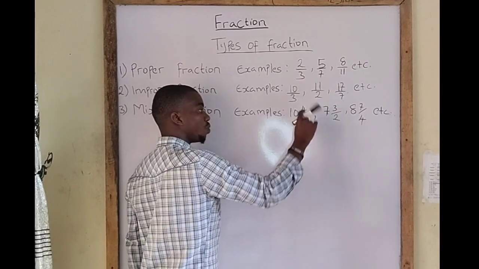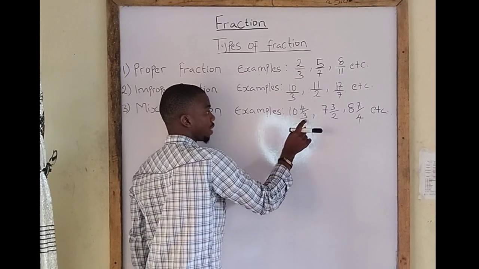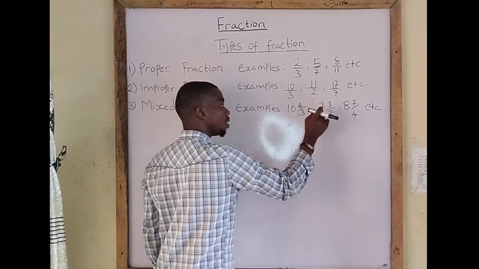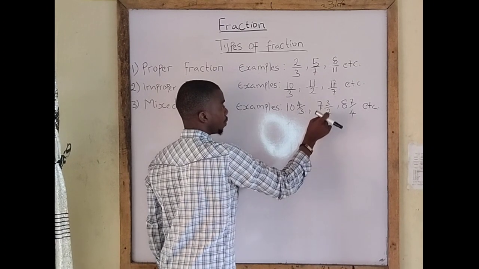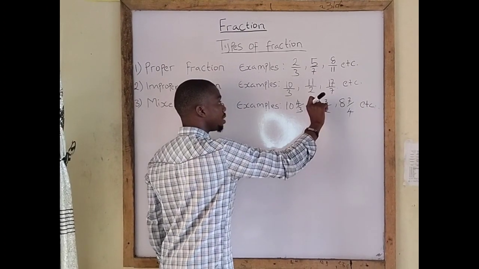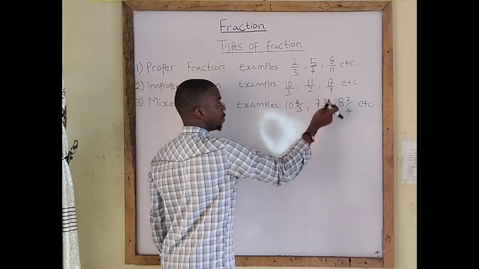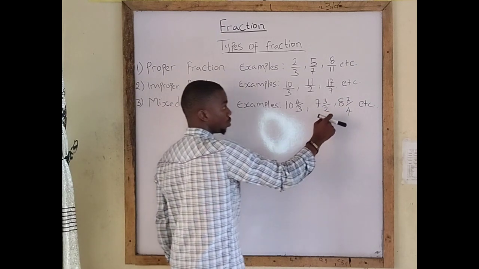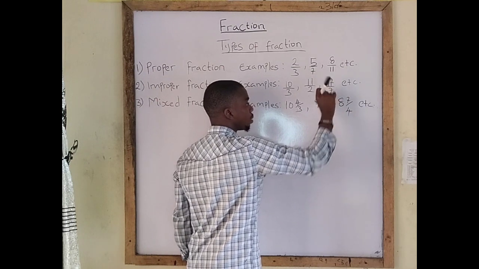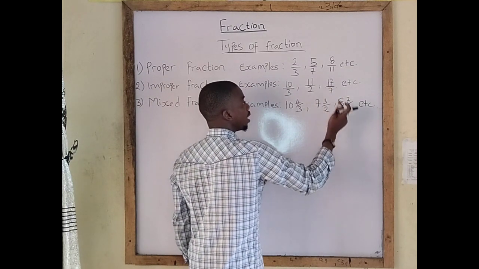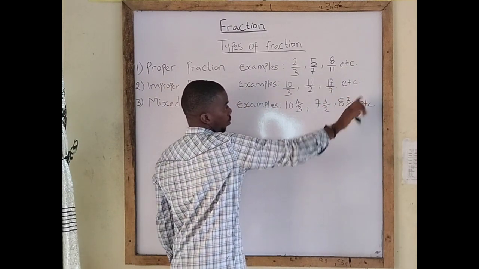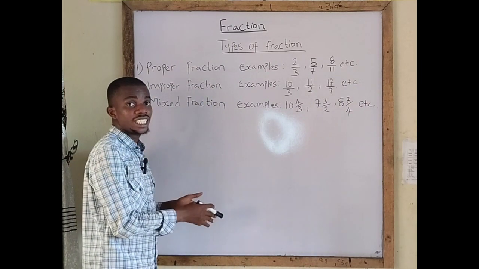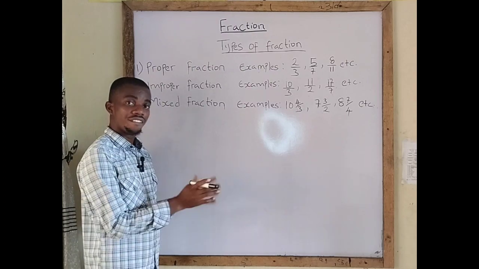The 4 all over 3 is the improper fraction, and the 10 here is the whole number. And the second one, 7 whole number 3 all over 2. The 7 here is the whole number, and the fraction 3 all over 2 is an improper fraction, which you can see the numerator is greater than the denominator. The same follows for the last one. So a mixed fraction has a whole number and an improper fraction.